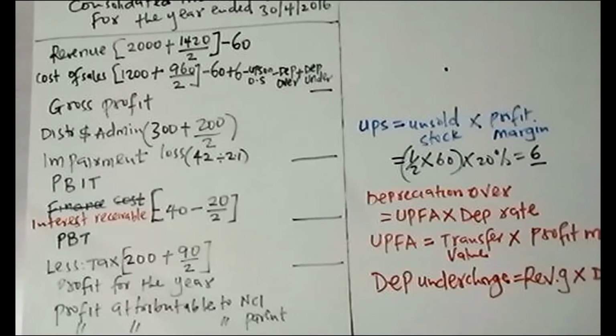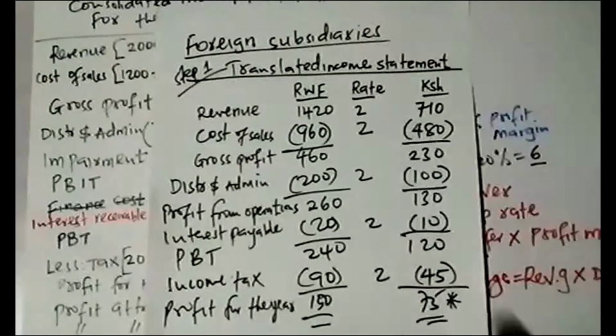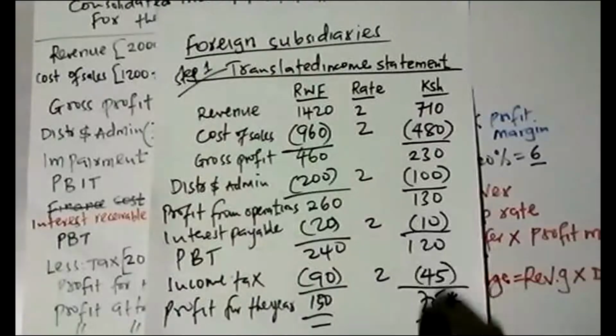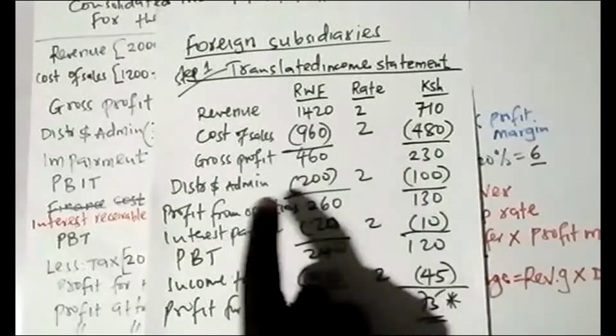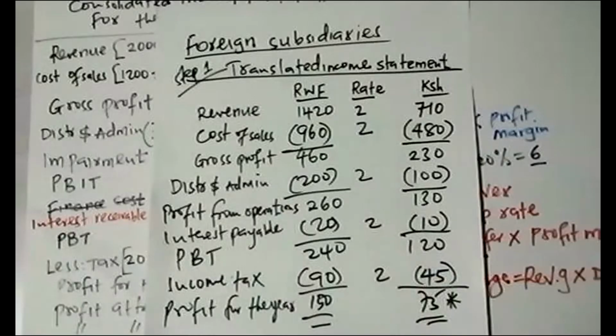So you can see I have done the income statement in a direct way. It's the same way I could have been picking the items of the translated statements. But at the same time, we know that we were translating. So you can do it direct without doing step 1. That is what I was putting in place.